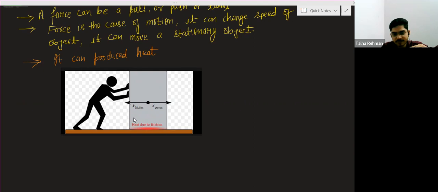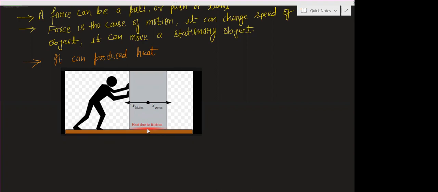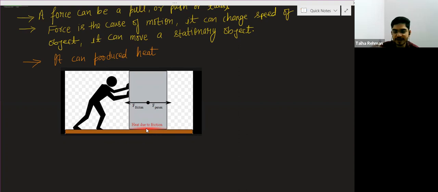When this person applies the force, this block will try to go in this direction, meaning there will be rupturing of the molecules or particles here. So the particles here will have more energy and will move faster, with a greater speed or velocity.